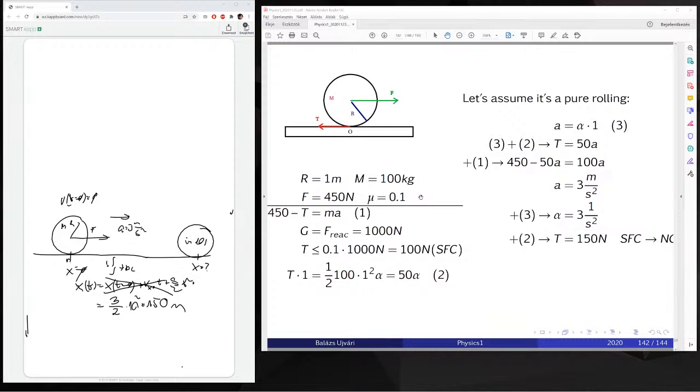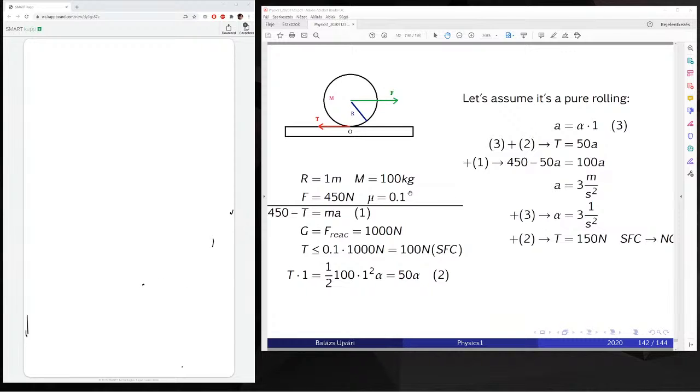Now look at it. I've only changed the mu to 0.1. Again, I will start with the assumption that this is pure rotation because I can't do anything else. So pure rotation means F minus T equals m times a.